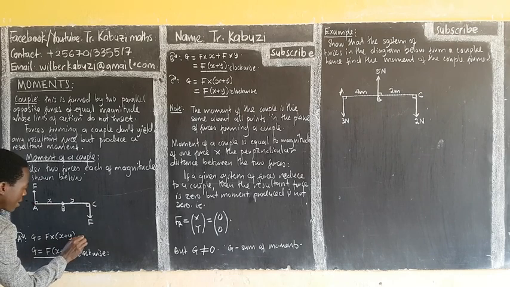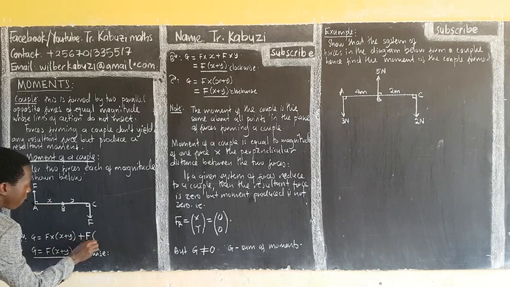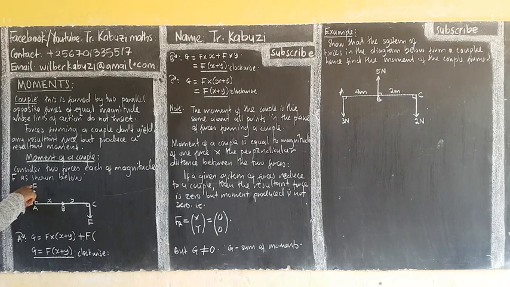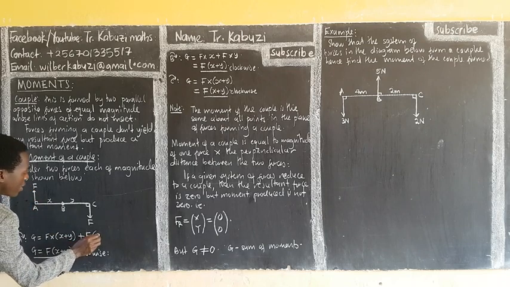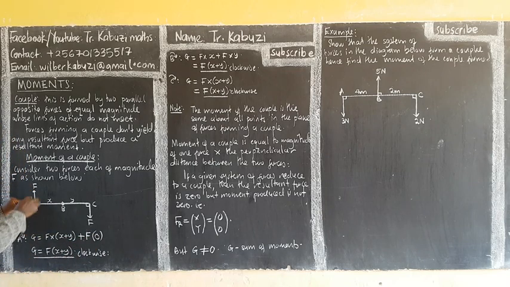This force has a point on its line of action, that's why its moment is zero. So we are taking moments at A.